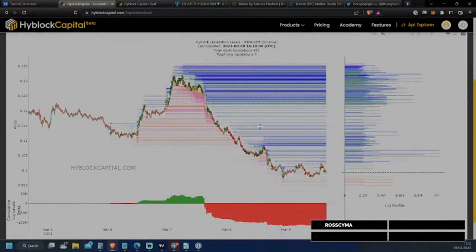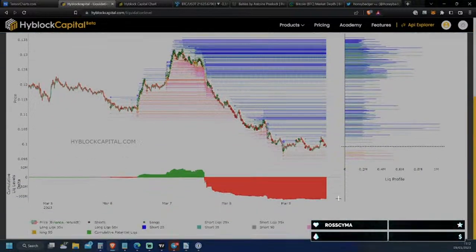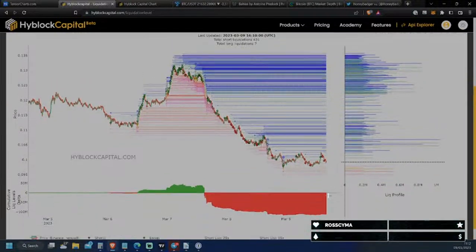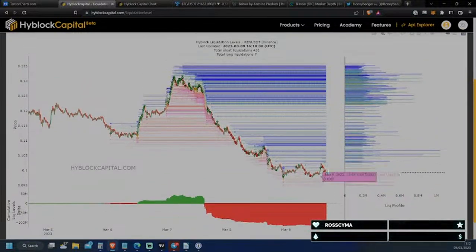We've seen 40% corrections and things like that in the last 24 hours, or last 48 hours, I should say. So we definitely should see some relief on altcoins as well.